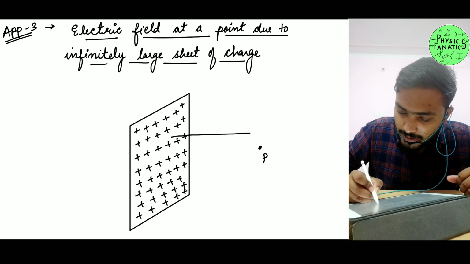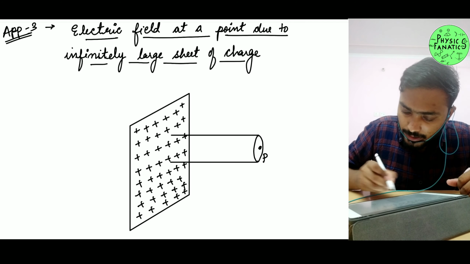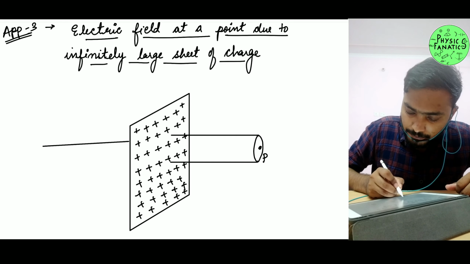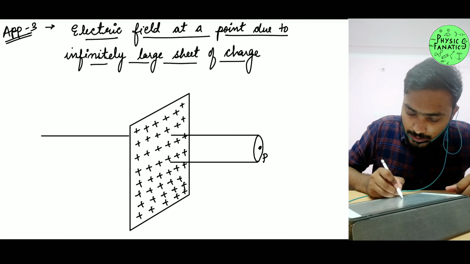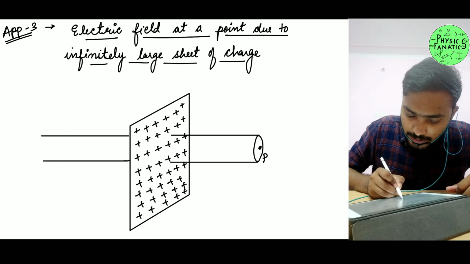So let's say this is my cylinder, and this cylinder is including my point P. I hope you guys can see that. The cylinder is going backward.